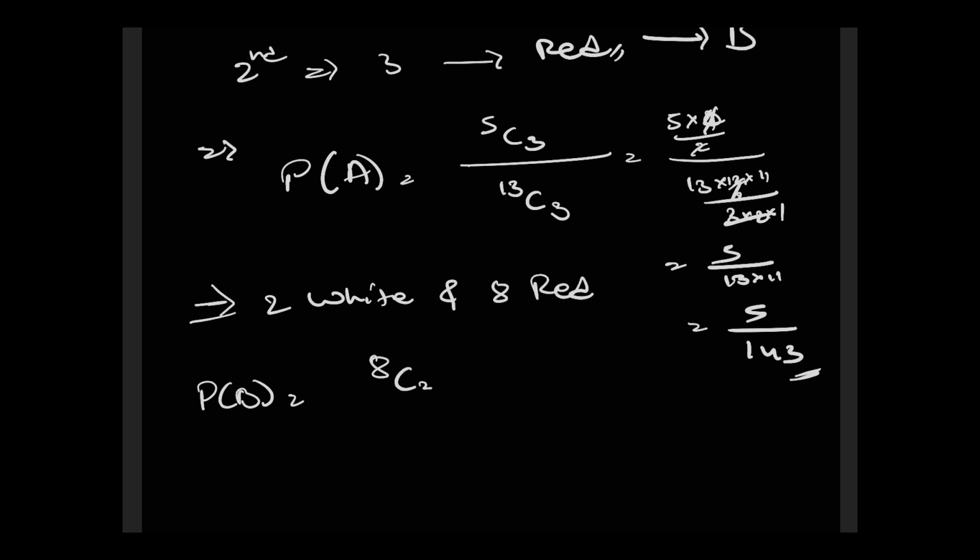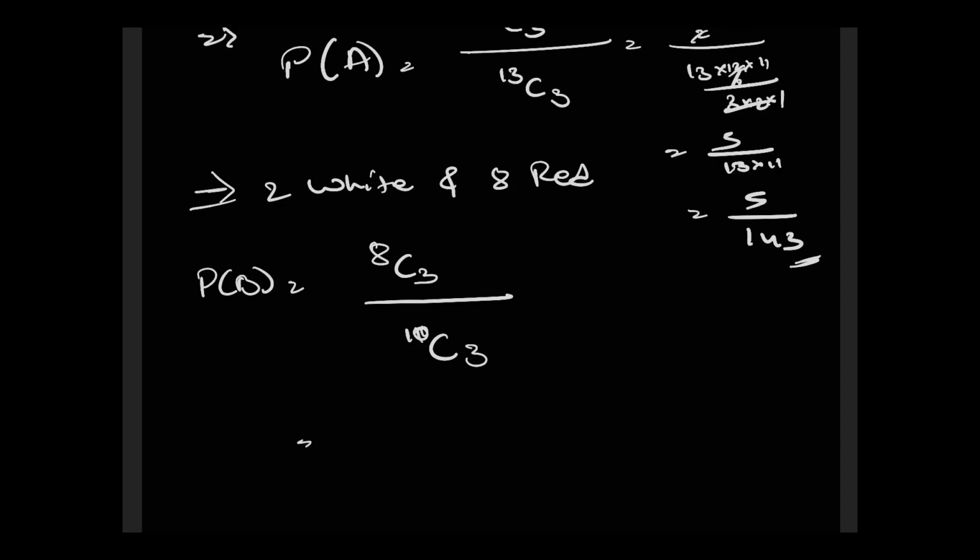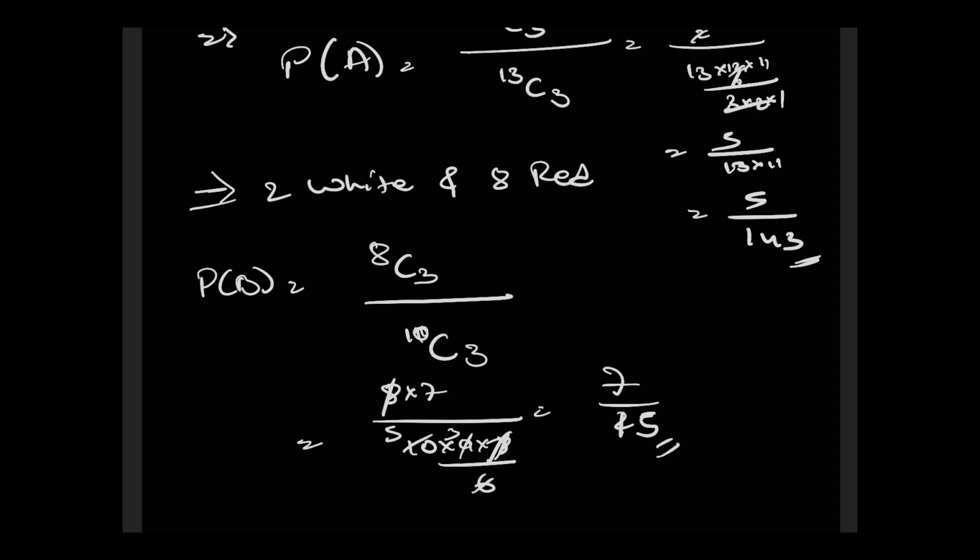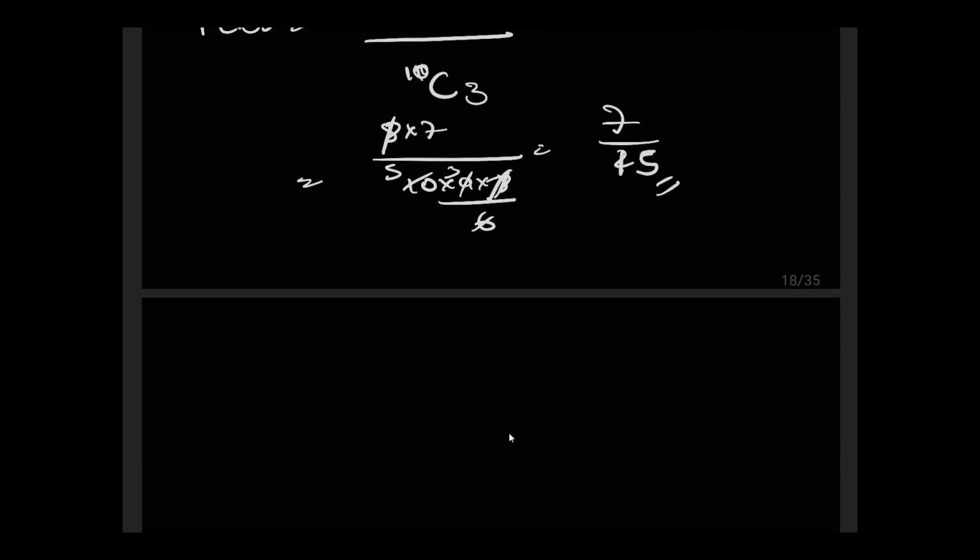So 8C3 by 10C3. We can write it as 8 into 7 by 10 into 9 into 8 by 6, or we can cancel these. That is 7 by 15.